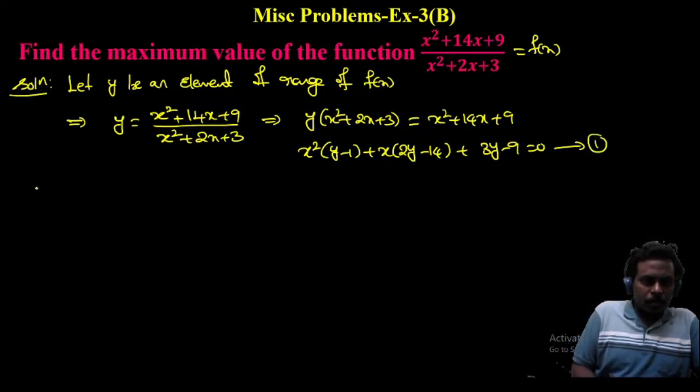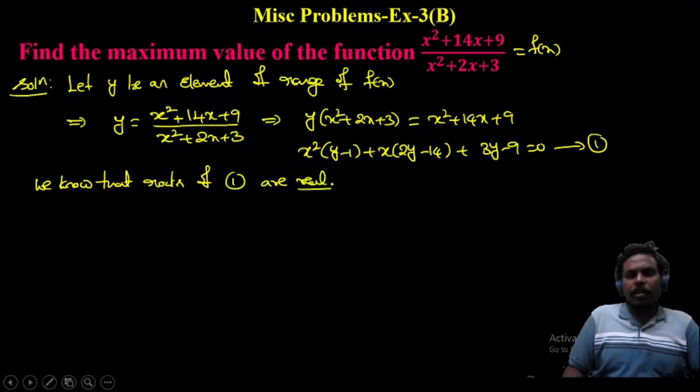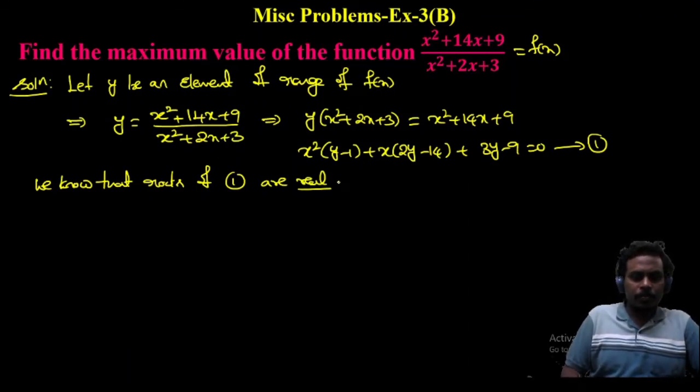So we know that the roots of equation 1 are real, because if we solve this equation we are going to get the pre-image of y. So pre-image of y is always real. So this implies delta of 1 must be greater than or equal to 0.